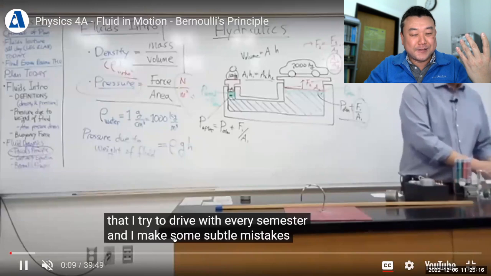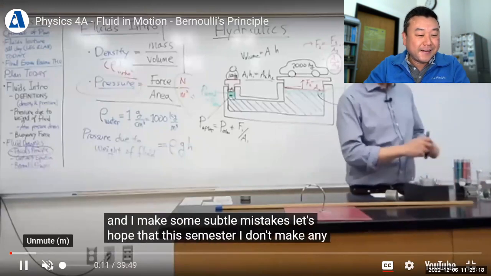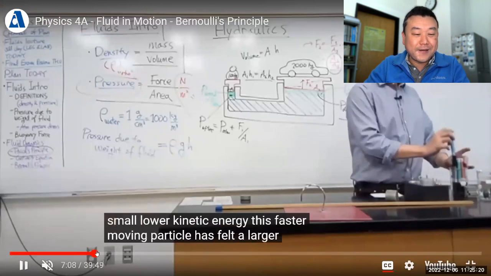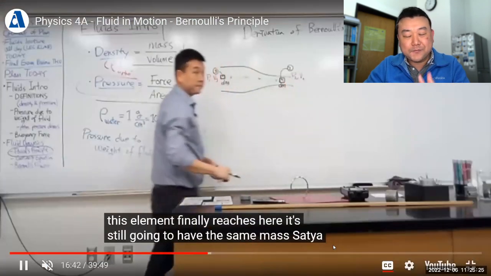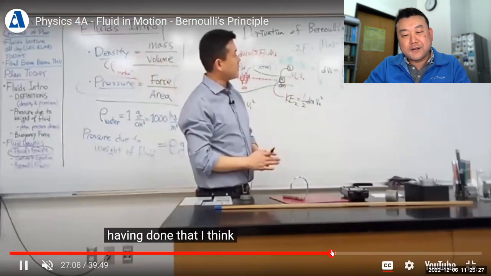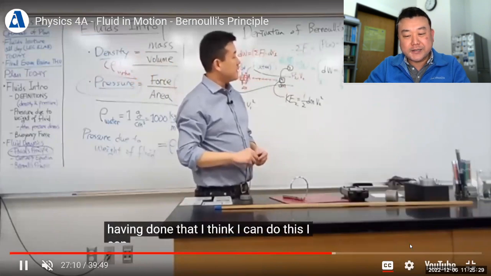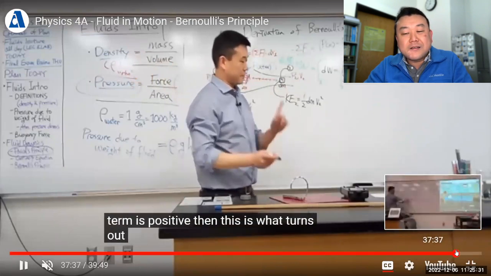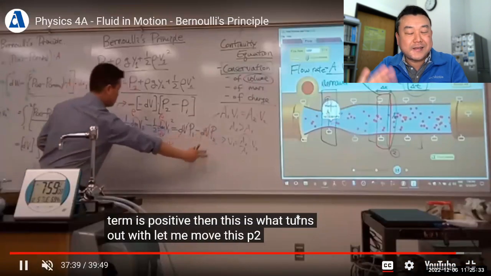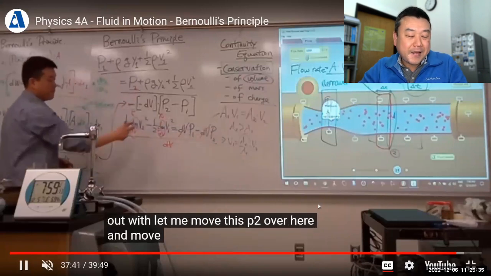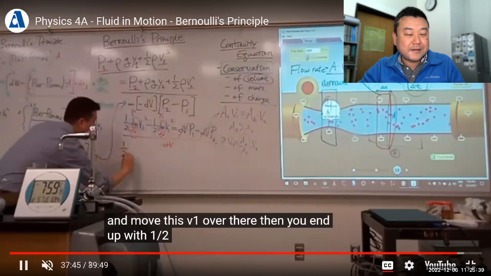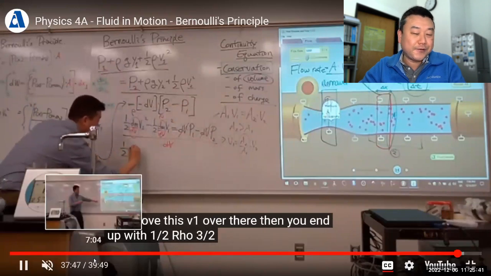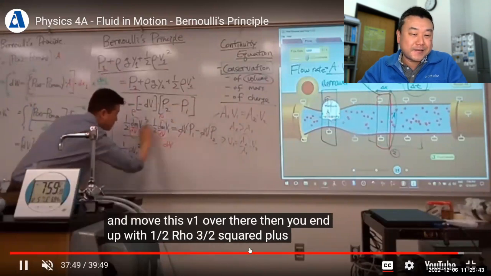Every semester I make some subtle mistakes, and I got through this somehow, and I'm okay with the edited version of it that's here. It doesn't have any serious mistakes in it at the end. But I gotta tell you that the length of it is highly unsatisfactory to me. It shouldn't really take 40 minutes.